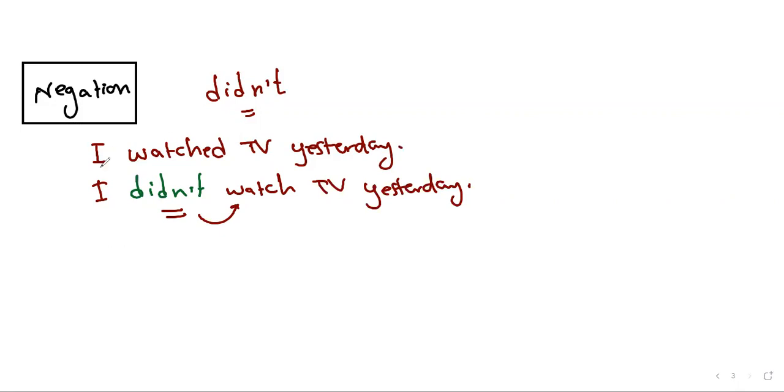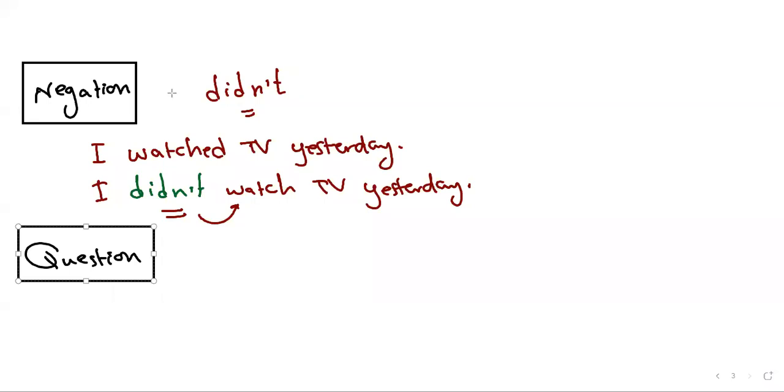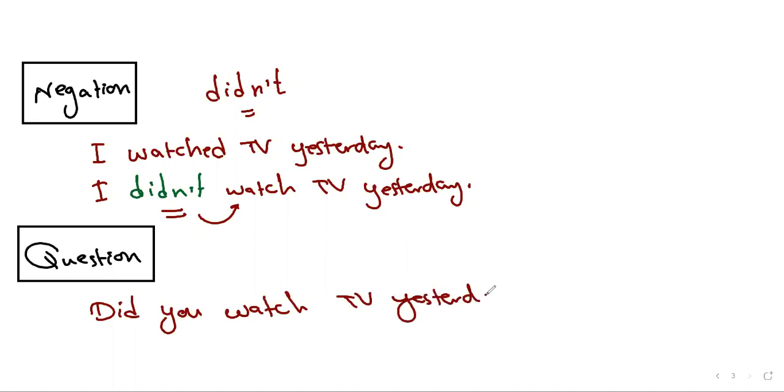It's the same with the question. If you want to make a question in the past simple, you have to use did in the question. For example, when I say, did you watch TV yesterday?